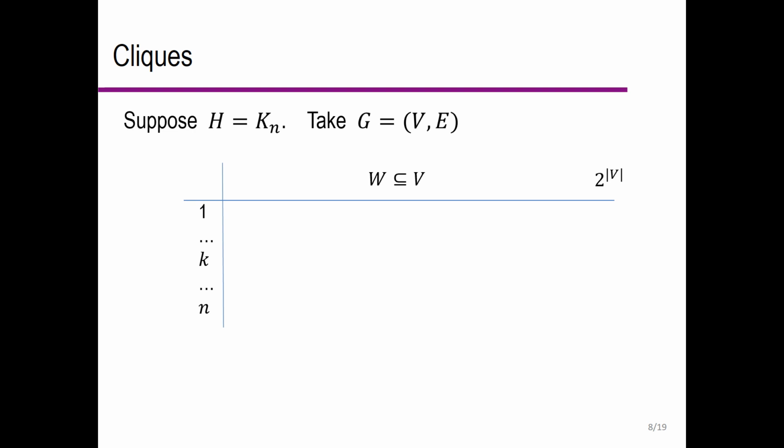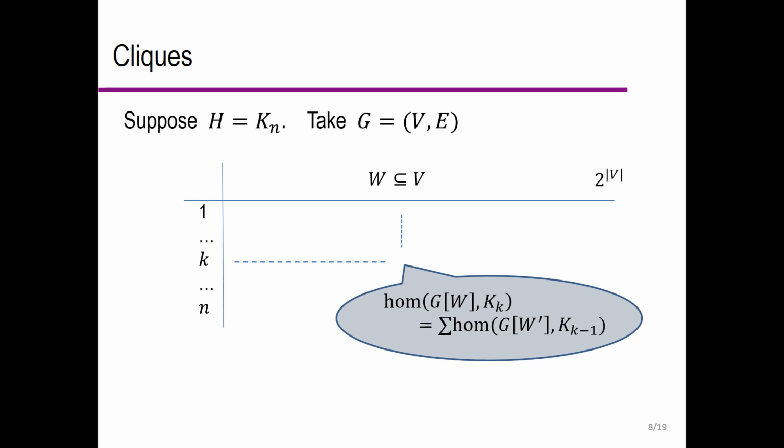In row K and column, say, W, we will have the number of homomorphisms from the subgraph of G induced by W to the k-vertex clique. So how do we compute this value?